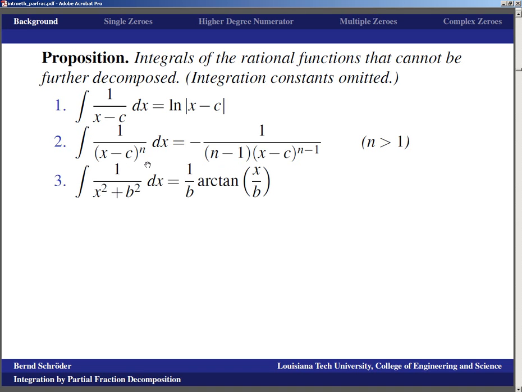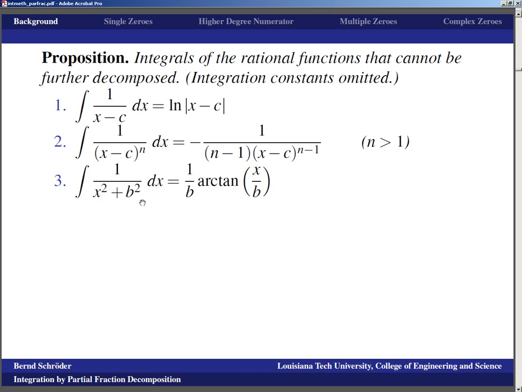We're coming to the quadratic factors, and well, there are some that are easy as long as you remember the right antiderivatives, because here, remember that the antiderivative of 1 over 1 plus x squared, that's the arctangent, that's the inverse tangent. And so if you just factor out a b squared in the denominator, you end up with 1 over b squared, 1 over 1 plus x over b quantity squared.